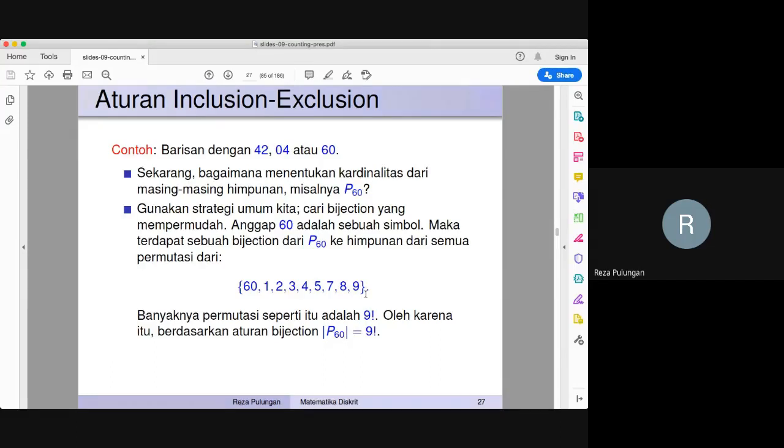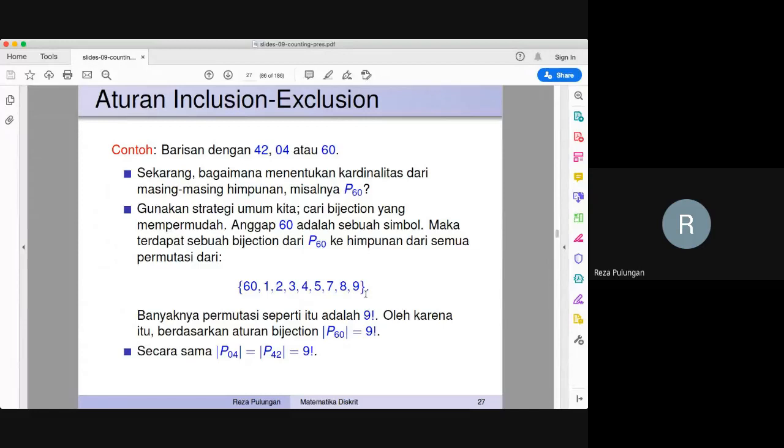According to the bijection rule, the cardinality of P60 is equal to 9 factorial. And similarly, the same reasoning applies also to P04 and P42.